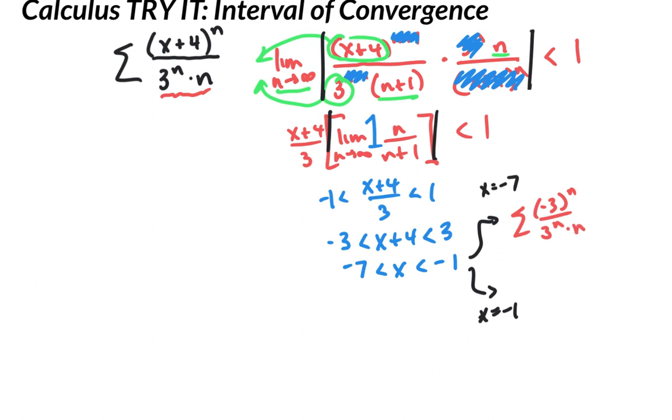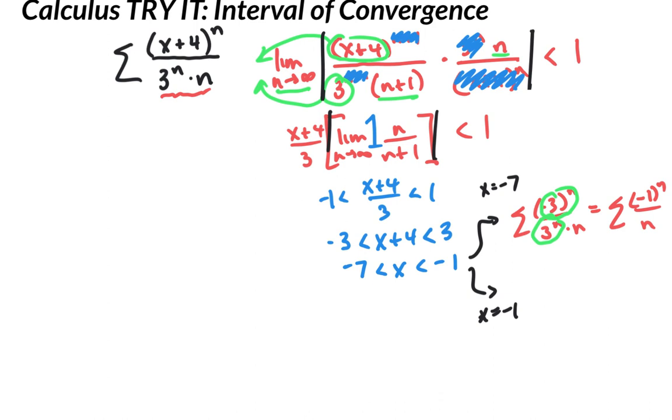Well, this piece right here, negative 3 to the n over 3 to the n, reduces to negative 1 to the n. Well, this is a conditionally convergent series, okay? Negative 1 to the n over n.